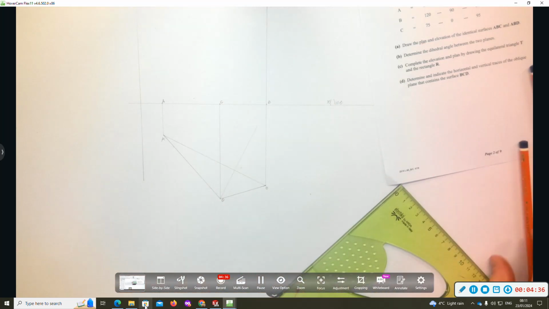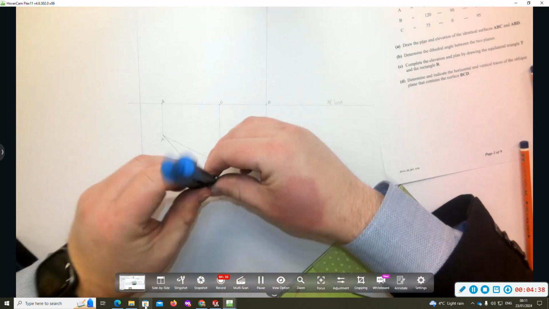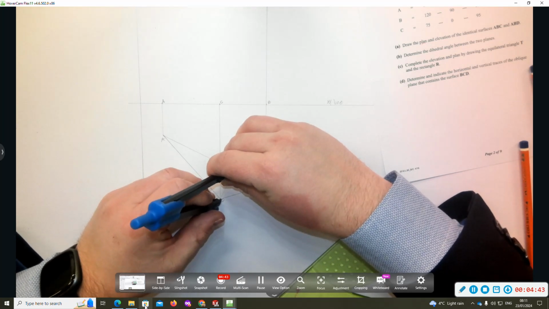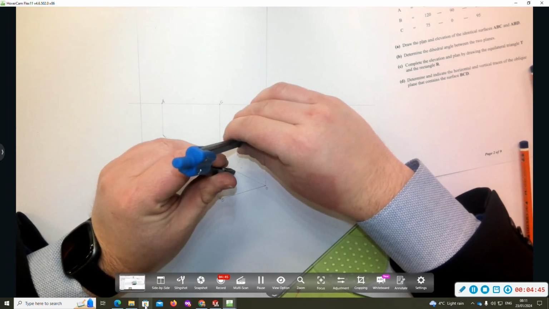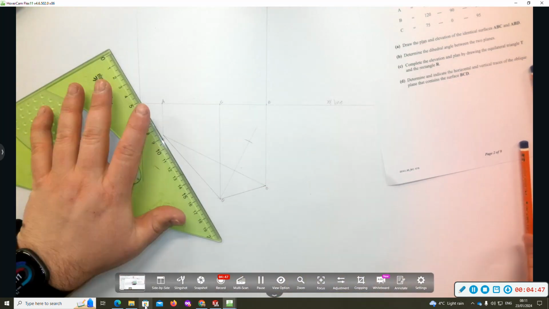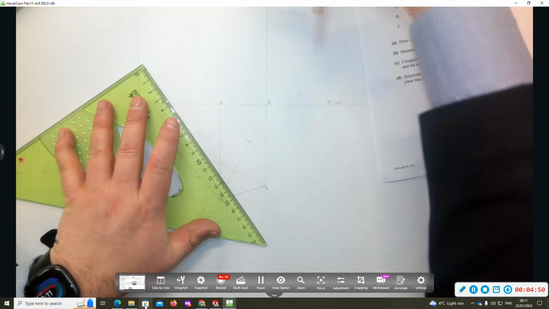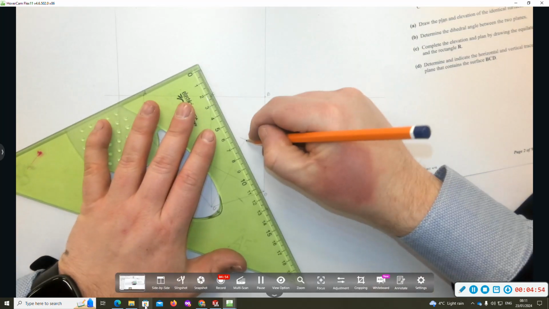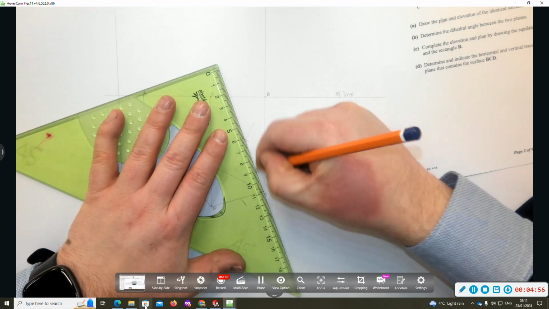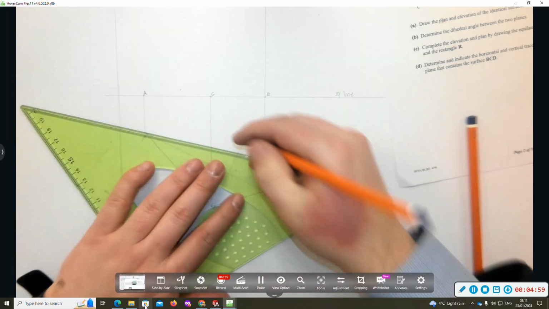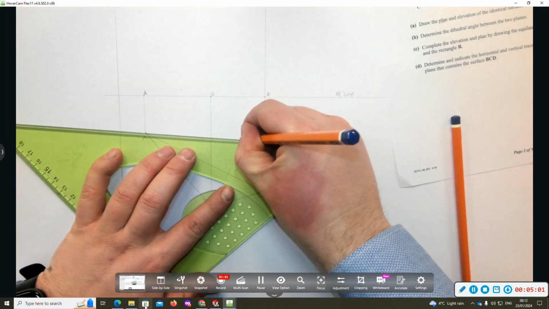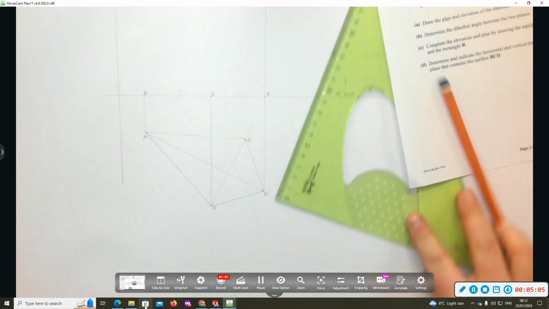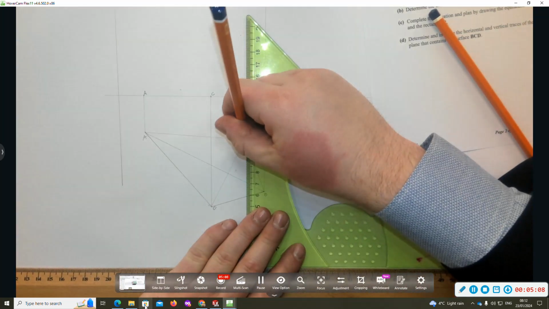Get my compass. I'm going to flip C over onto the opposite end of that line. So my D coordinate is going to be here. There's point D. Now, I can bring D up to our elevation.